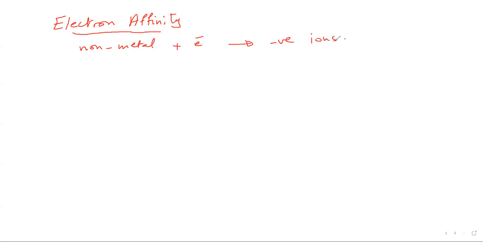We have also first electron affinity and second electron affinity, just like first ionization energy and second ionization energy. We say that the first electron affinity, we are going to give it the symbol EA1.